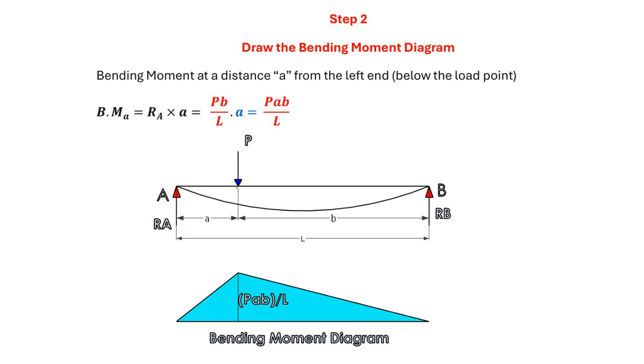At point A, which is at a distance A from the left hand side support, the maximum moment is RA multiplied by A. That you can find here, RA multiplied by A. Already we have found out that PB by L is RA and you multiply it with the distance A. So finally after simplification we get the maximum bending moment at this point, and that is nothing but P into AB by L. So PAB upon L is the bending moment.